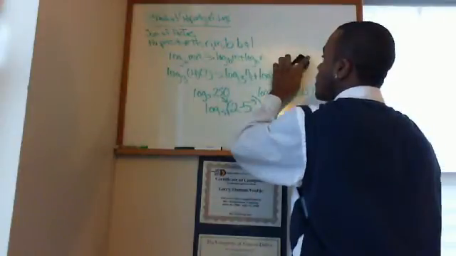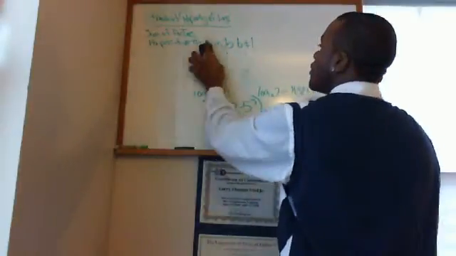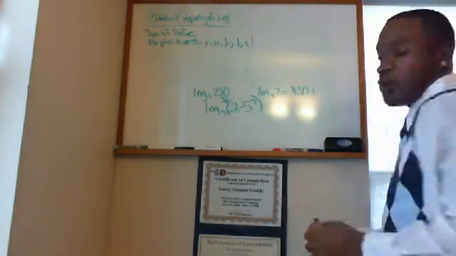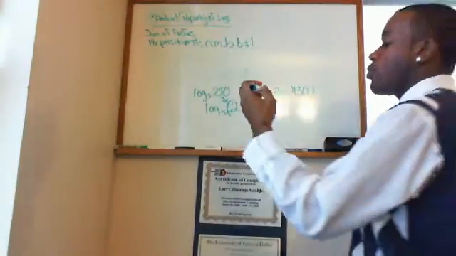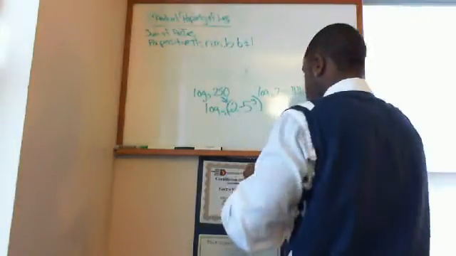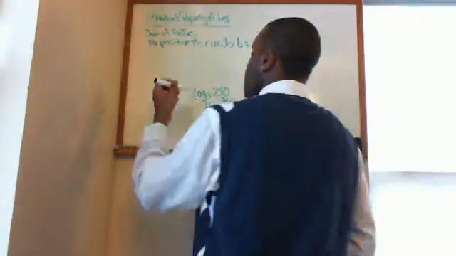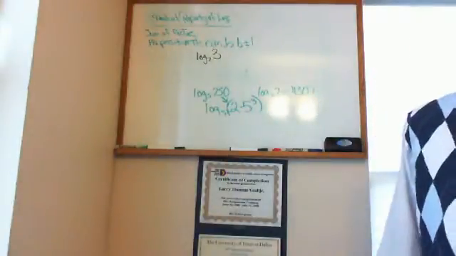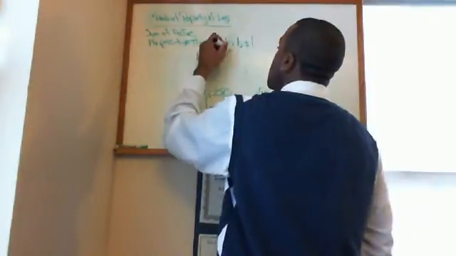I'll leave that over here so you can see the example we did before. So log base 2 of 3, I'll use a different color, log base 2 of 3 is approximately 1.5850.